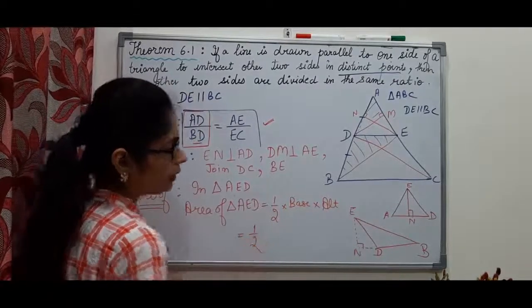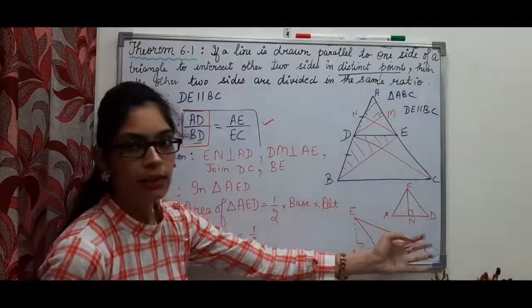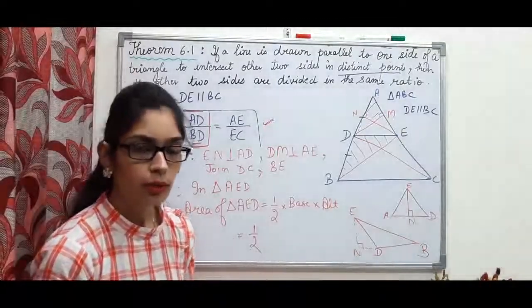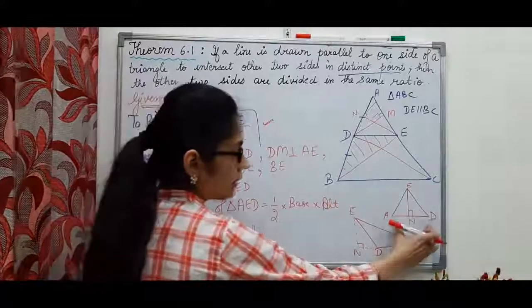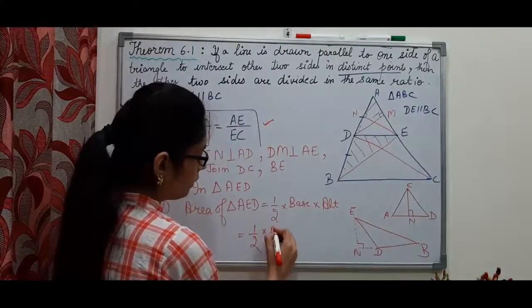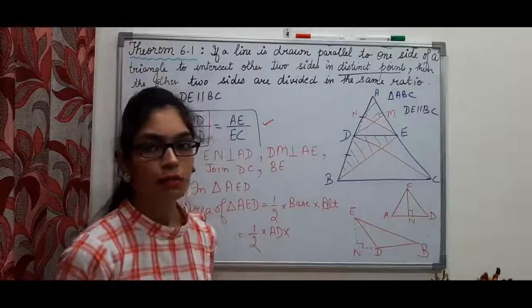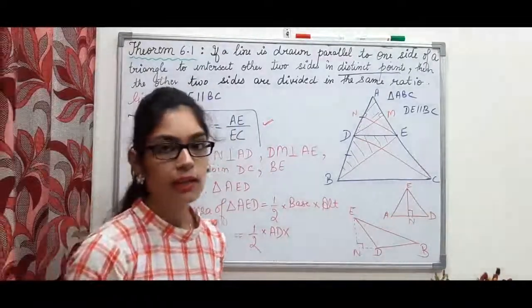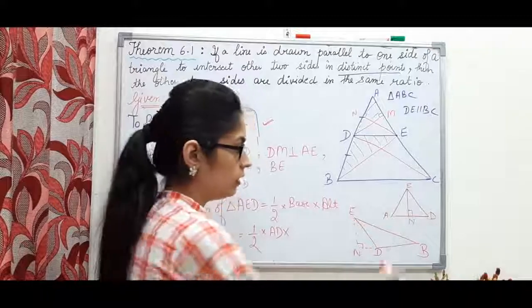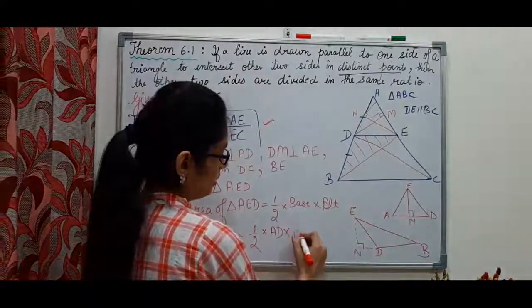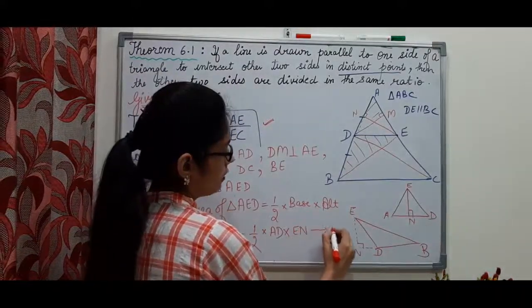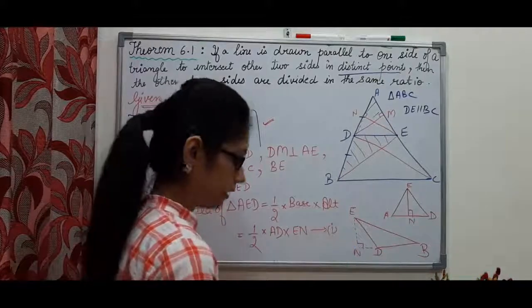The base of the triangle, we will look here and we can easily locate its altitude also and its base also. So its base is AD. I will write over here AD, and altitude is the perpendicular line, because it's a straight line and it will give you the height of the triangle. So its altitude is EN. So I'll mark this as my point number 1.